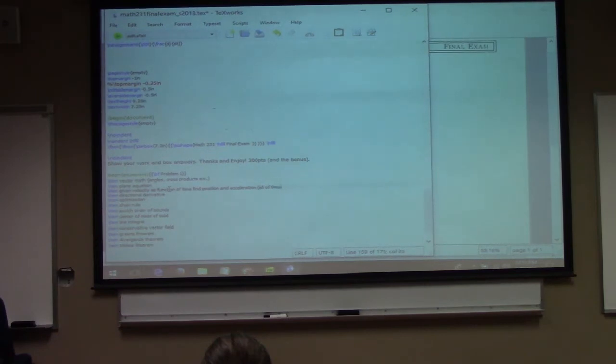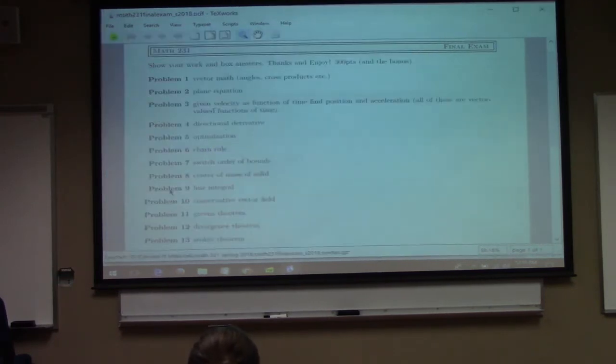All of these are vector valued functions of time, right? And for this problem to make sense, what else do I need?